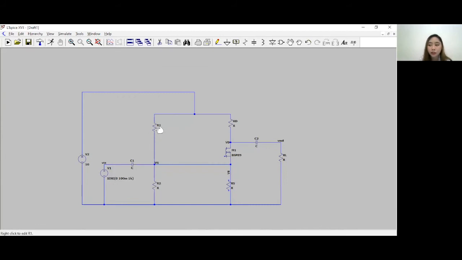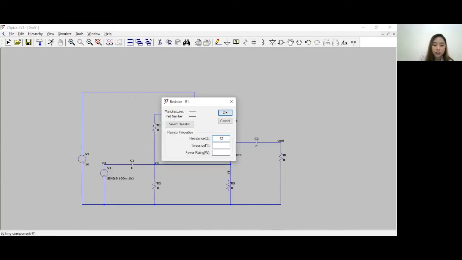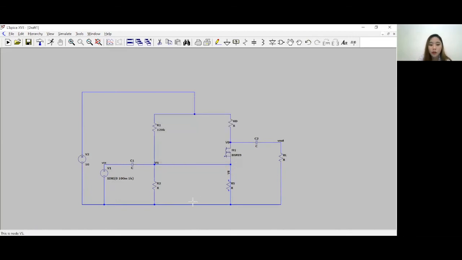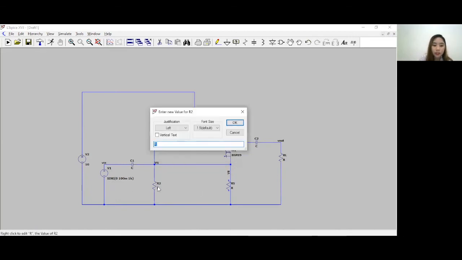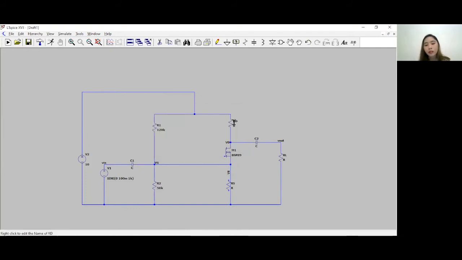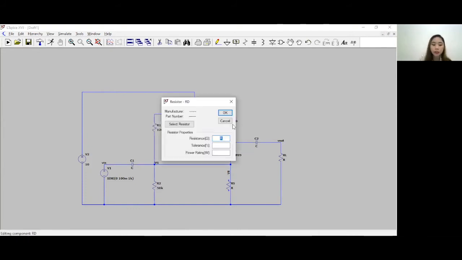Next, for the value of R1, we will use 120 kilo ohms. For the R2, we will use 50 kilo ohms. For the RD, we will use 350 ohms.